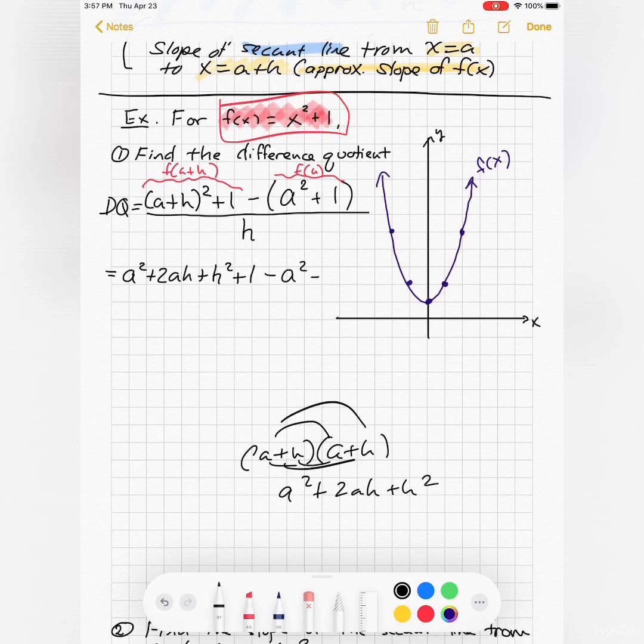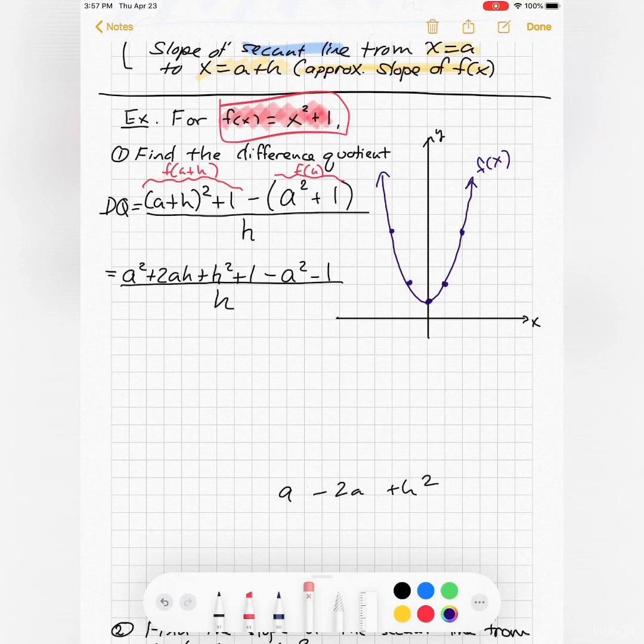Distribute my negative. And then usually I get a lot of cancellation with these. So my a squareds can go, and my 1's go. So I've got 2ah plus an h squared over h.